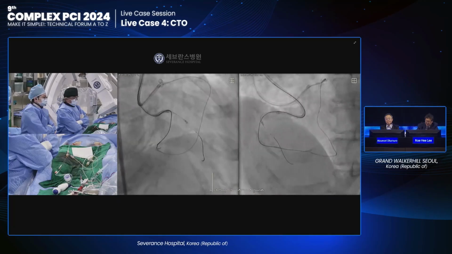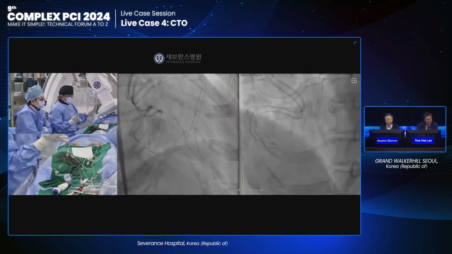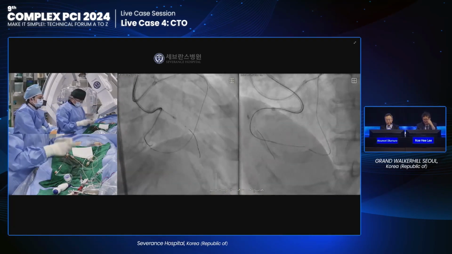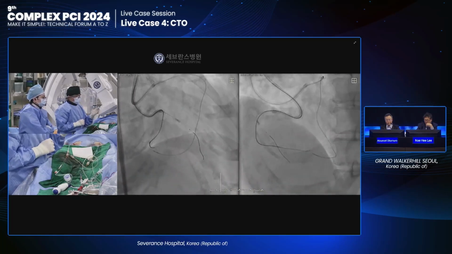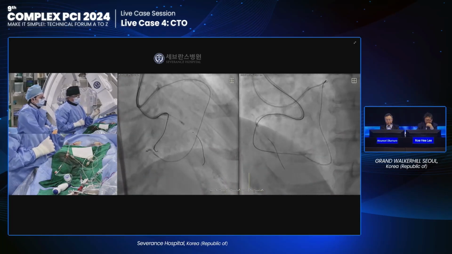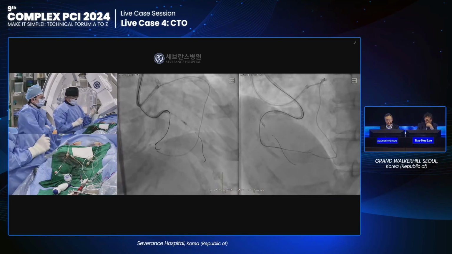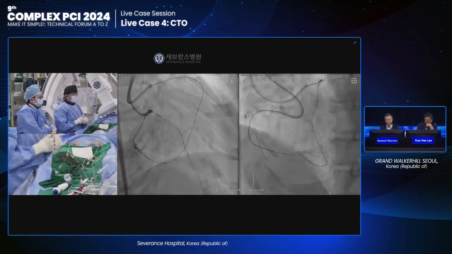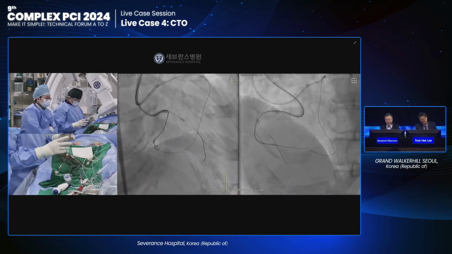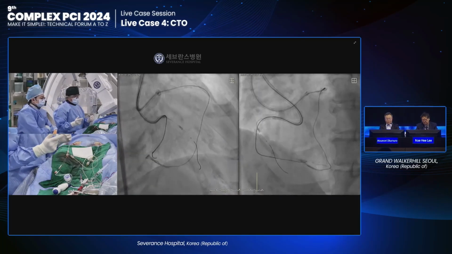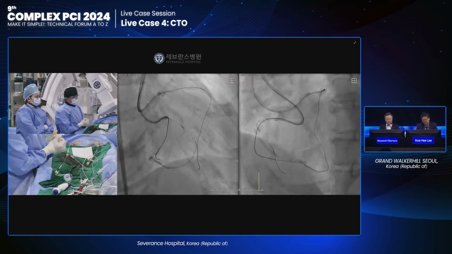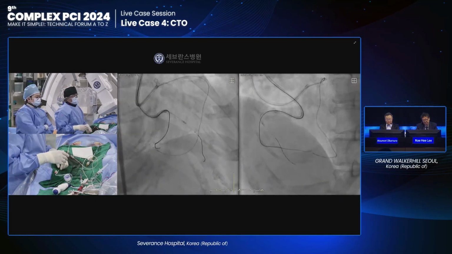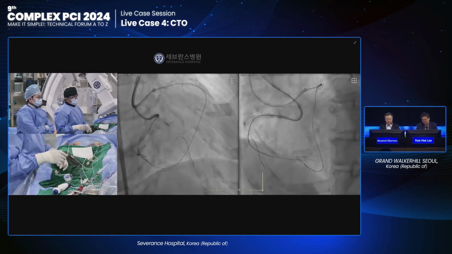So now you can. Okay, what do you think? I already did retrograde wiring. But sometimes, usually for the antegrade wiring, sometimes we just use parallel wiring. So what do you think, the retrograde approach with reverse CART would be good, or antegrade parallel wiring again?